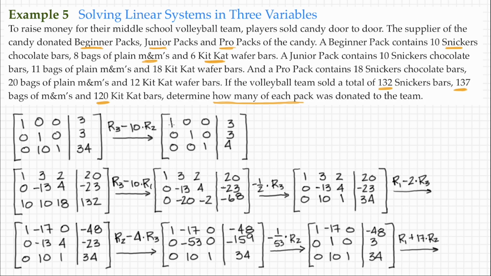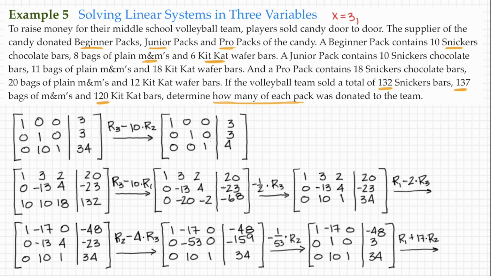So as you can see, we now have our diagonal of 1s here. Each column is a unit column. If this first column represents X and X is our beginner pack, then X is equal to 3 beginner packs were donated.